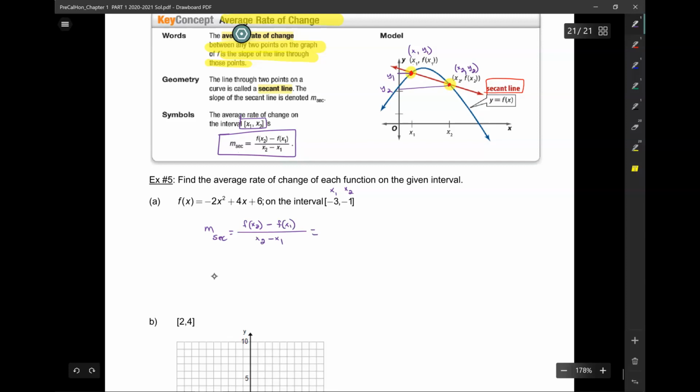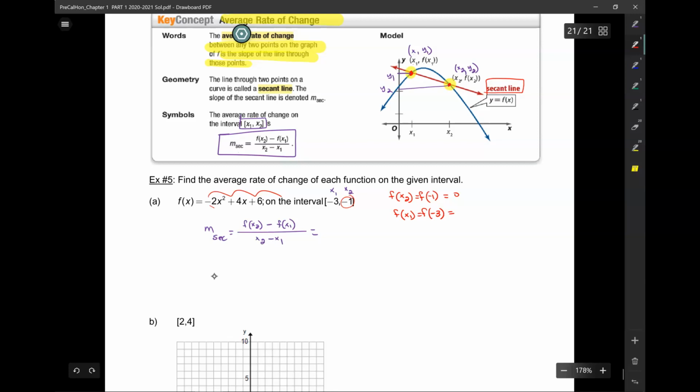Okay, so what's f of x2? Well, I take negative 1 and I plug it into my formula. So f of x2 is equal to f of negative 1, and when you plug negative 1 in there, you happen to get 0. And then f of x1 is f of negative 3.